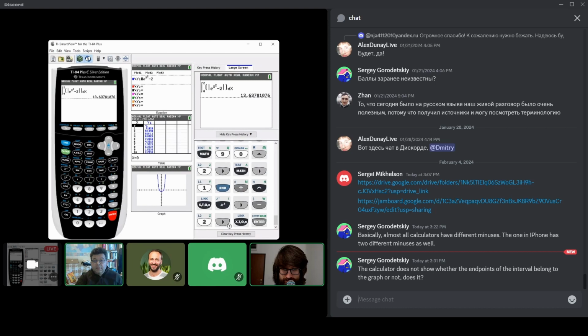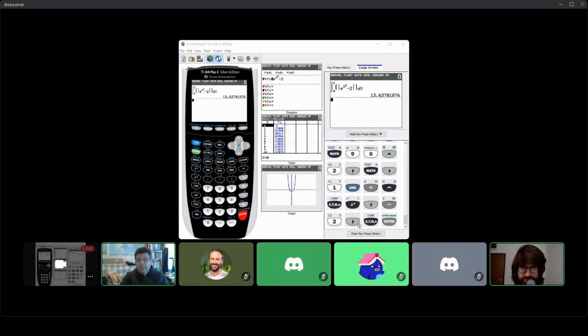Yes, and then we get a different answer, which is answer B, which is actually the correct answer according to the answer key. Yes, that was a very good catch. I want to show you that the emulator actually has both function and table and graph, and it also shows you the history of the keys that you press.